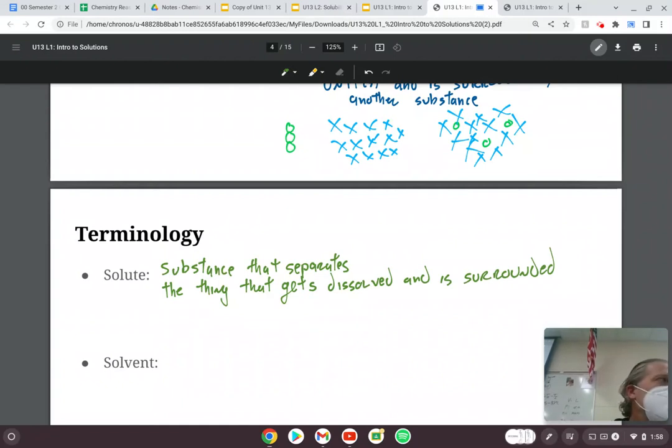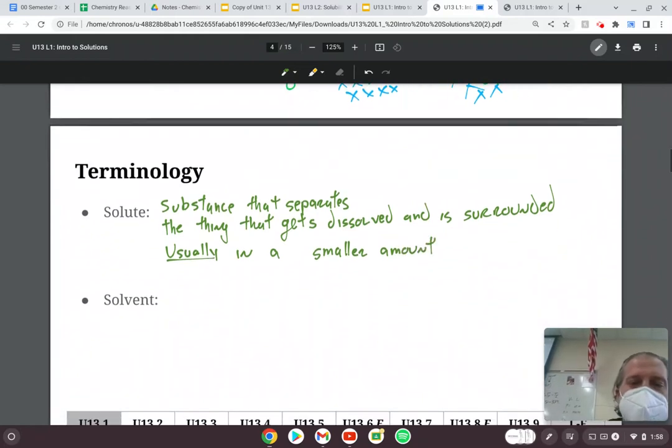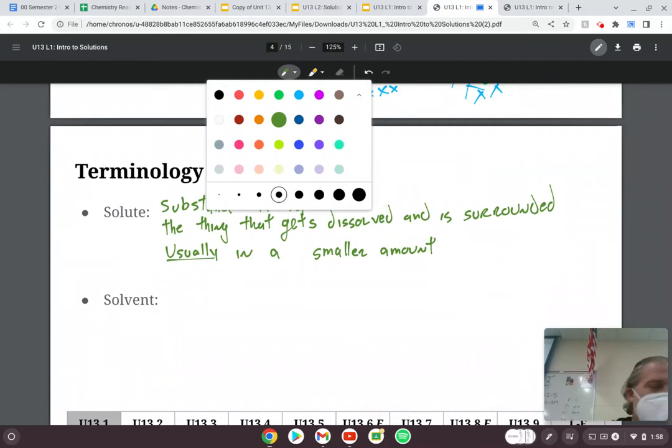And it's usually in a smaller amount. Whereas the solvent is the substance that does the dissolving.